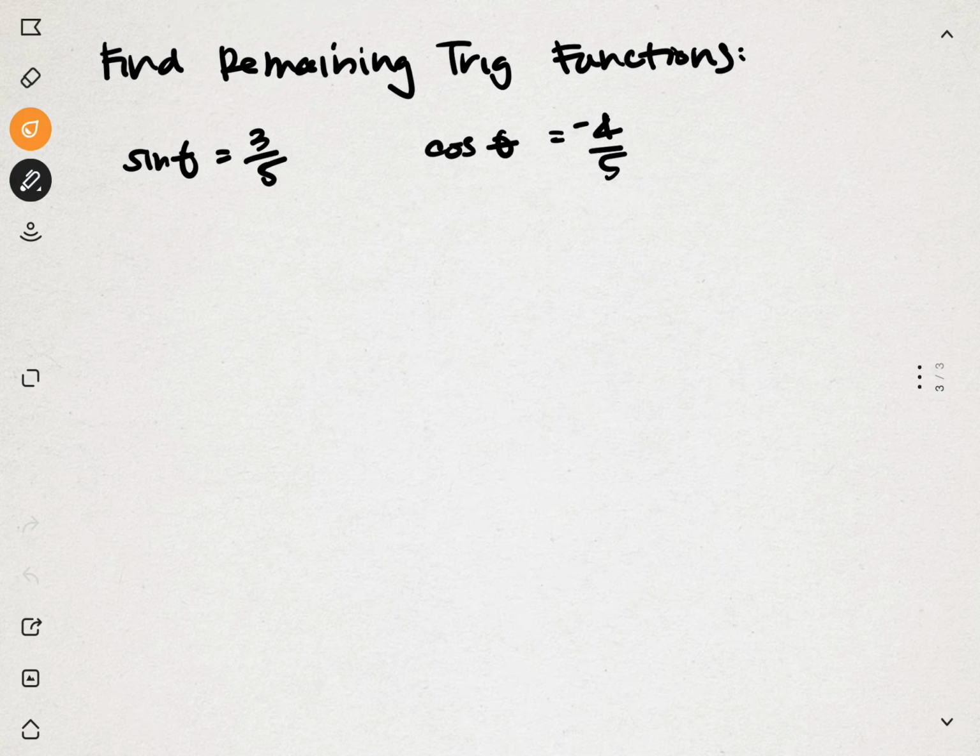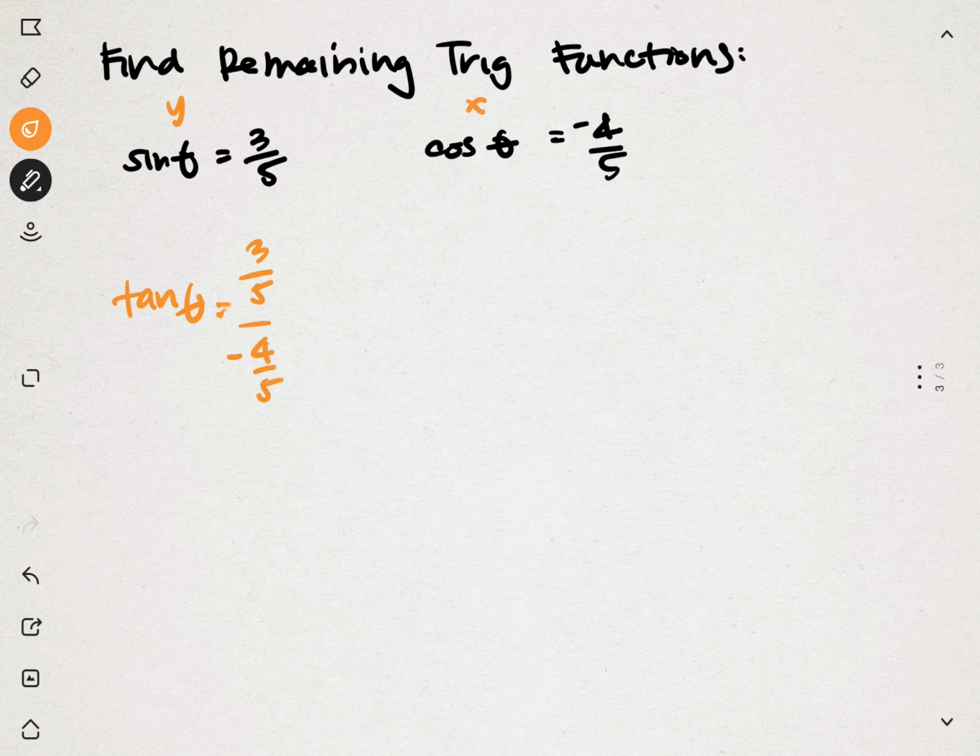Okay, and lastly, we're just going to do some review work. It says find the remaining trig functions if sine is 3/5 and cosine is negative 4/5. Well, let's find the last regular trig function, right? Tangent is going to be the y over the x. Remember, sine is y, cosine is x. 3/5 over negative 4/5.